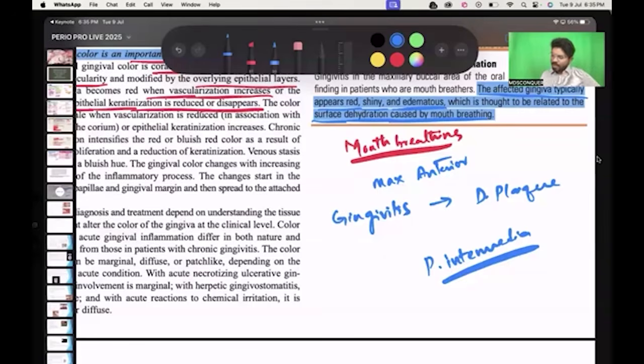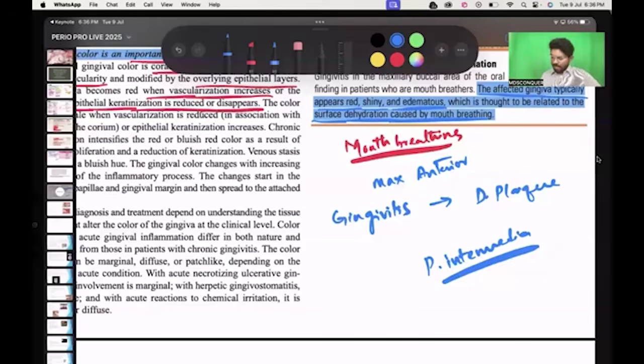Anyway, let's check out question number 3. What hormonal changes contribute to aggravation of gingivitis during pregnancy? In pregnancy, an increase in estrogen and progesterone levels. Very good, the answer is C. Which microorganism is noted to increase significantly during pregnancy?